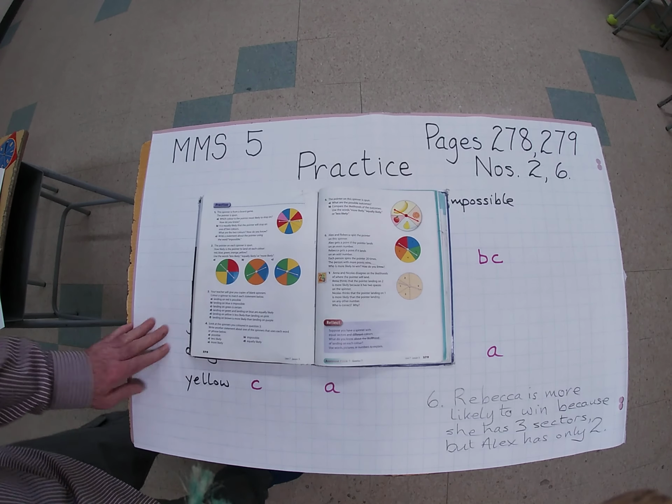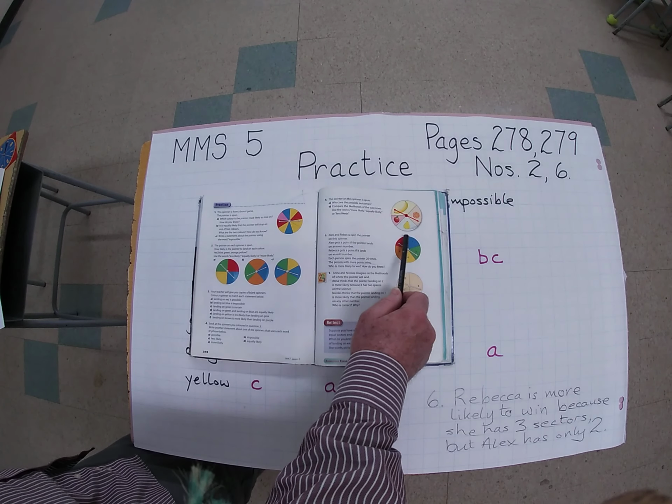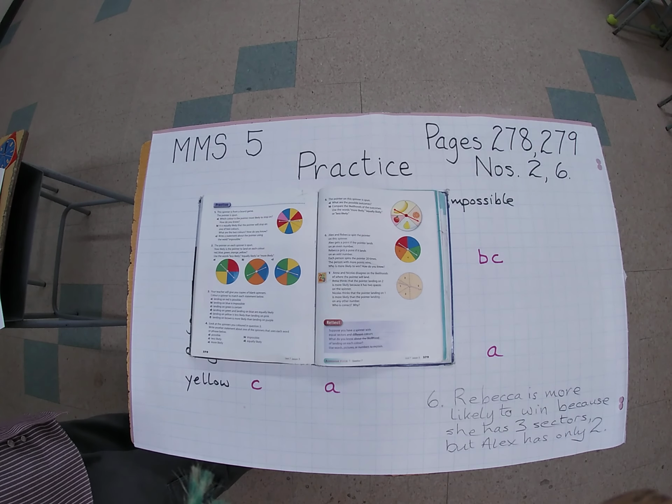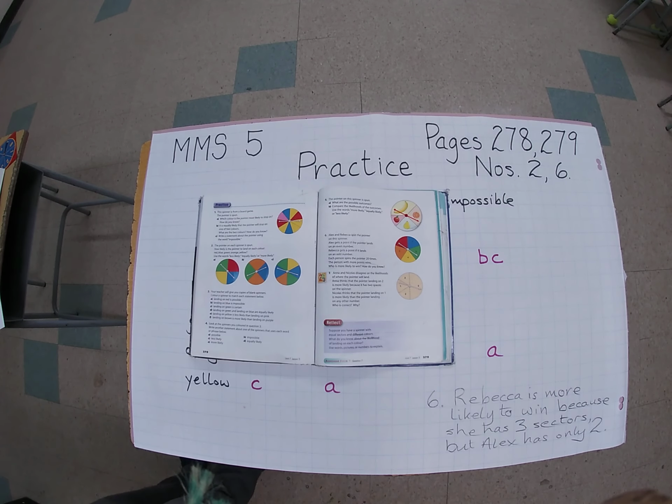So in 20 spins each, if all things were even, 20 times should be enough for the greater number of odds to be the result, the outcome more often.